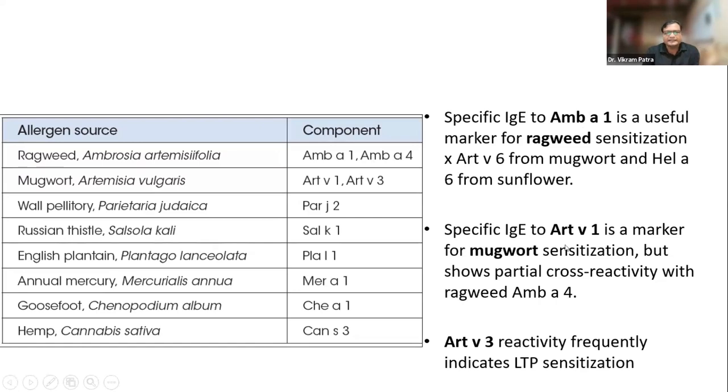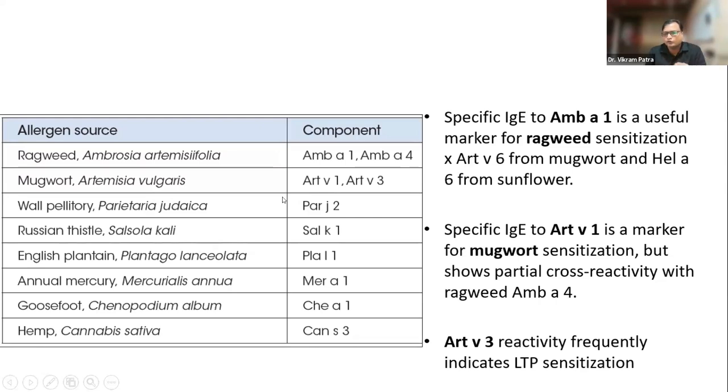Similarly, for artemisia, we have mugwort. In artemisia, we have Art v 1 and Art v 3 and Art v 6 also, as discussed. So Art v 1 is the marker, the primary sensitizer or the initiator molecule. But it also cross reacts with ragweed Amb a 4. So if Amb a 1 is negative, Amb a 4 is positive, and Art v 1 is positive, then the AIT will be given for artemisia.